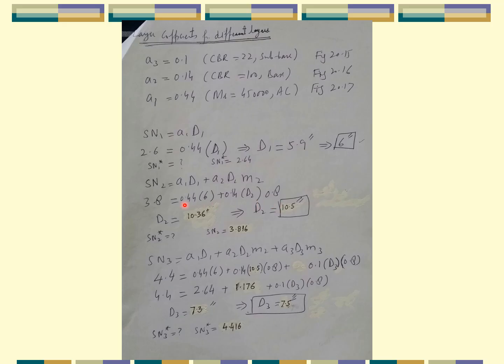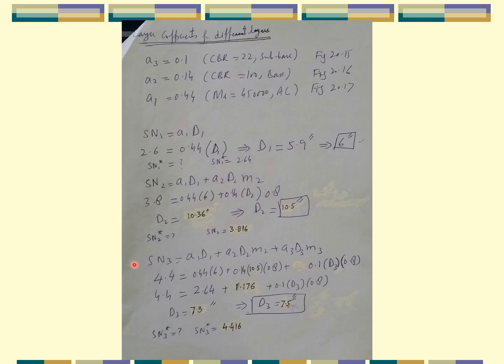So you are getting D2 as 10.36. You can take it in multiples of 0.5 inch, or 10.5 inches on the higher side. Now if you put 10.5 as D2 in this equation along with other parameters, SN2 is coming 3.816, which is greater than this one, so it's okay.